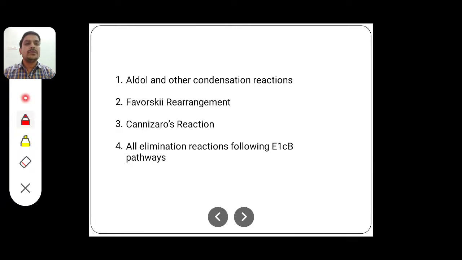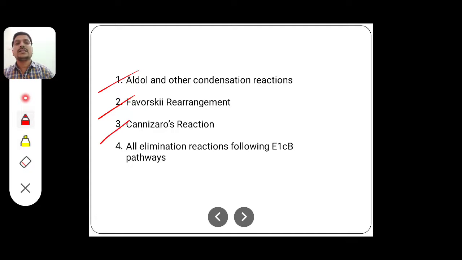Then next one is Favorskii rearrangement. Favorskii rearrangement takes place via formation of cyclopropanone, from alpha haloketones. In the first step, the base takes up a proton of the alpha haloketone, and then carbanion is generated in Favorskii rearrangement. Then that carbanion attacks the other carbon which bears a halogen group, and then cyclopropanone is produced. Such is the reaction of Favorskii rearrangement.